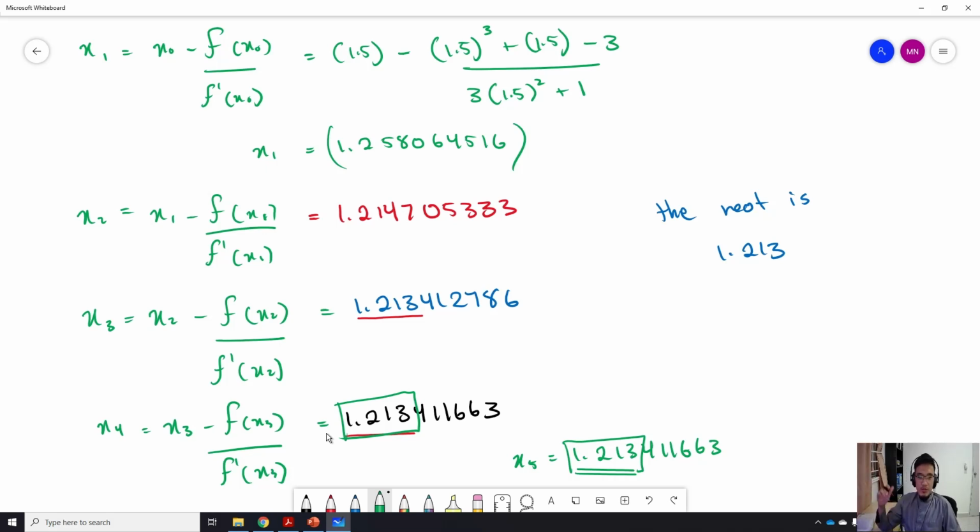That's why you can stop your calculation at x4, where the first 3 decimal places equal those of x3. So our final answer is 1.213.